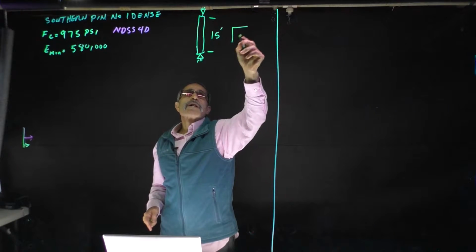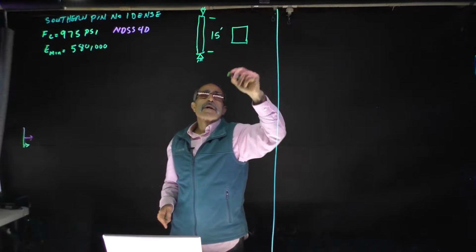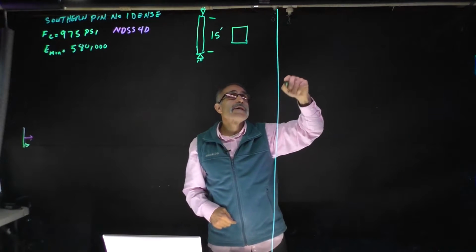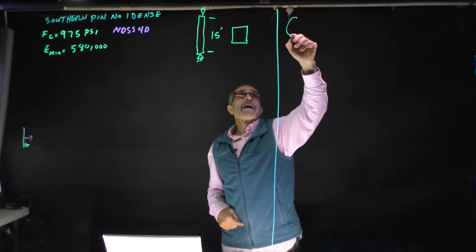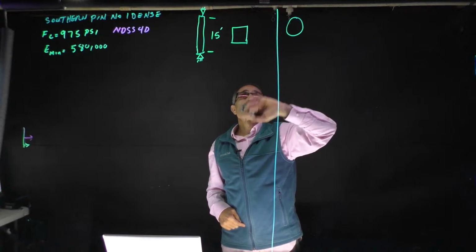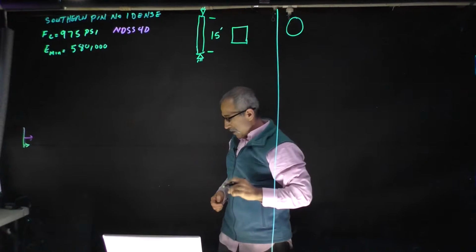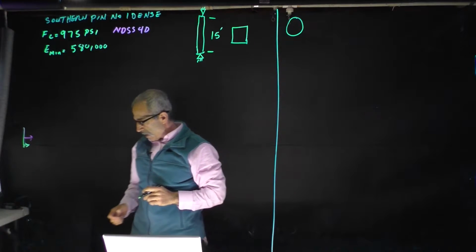And for the cross-sectional area, this one is a square. I'm going to do the same column over here, but make it round, the exact same column with a different cross-section. So let's come up with the cross-sectional area.